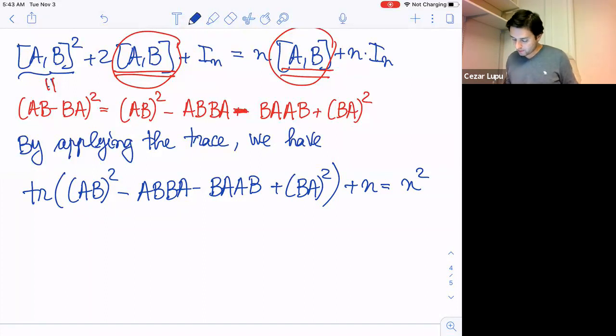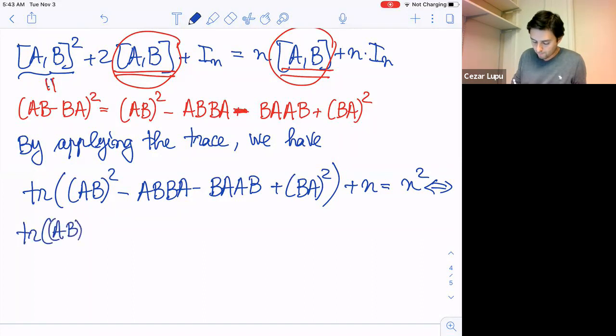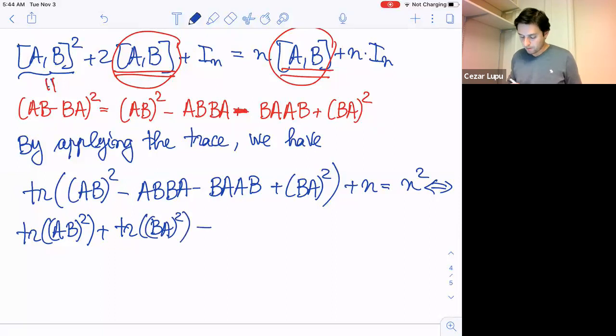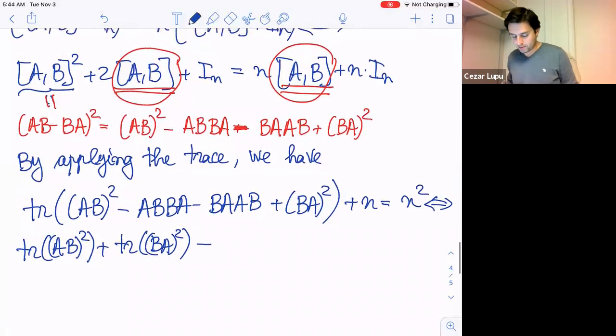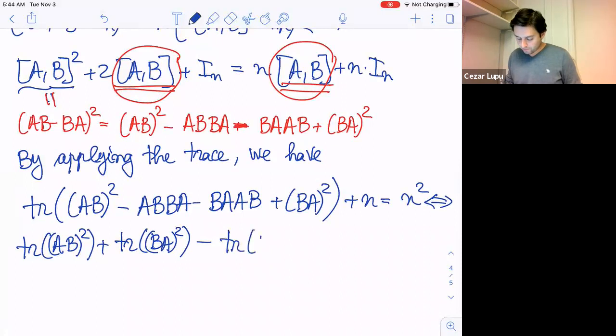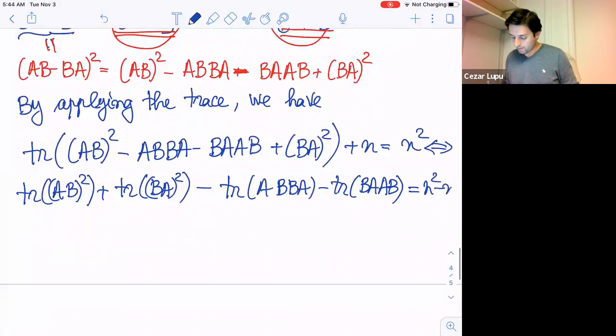All right, that's great. And this guy will be equivalent with, and now let's be careful here. So the trace of AB squared plus the trace of BA squared minus, and now let's see what this is, minus trace of AB BA minus trace of BA AB is the same as N squared minus N. And now it's quite clear what happens.